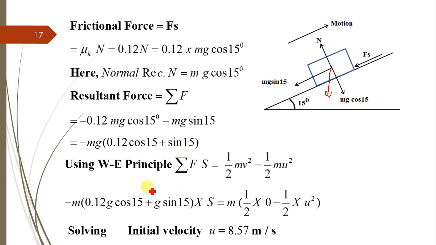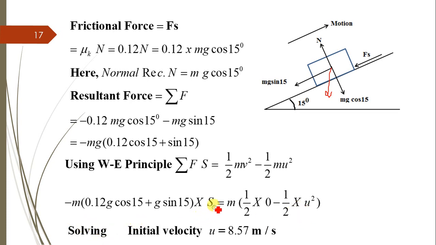Now applying the work energy principle, work done equals change in kinetic energy. So the force which we have calculated along the inclined plane multiplied by the displacement is equal to m into half of, with final velocity 0 and initial velocity u to be determined.